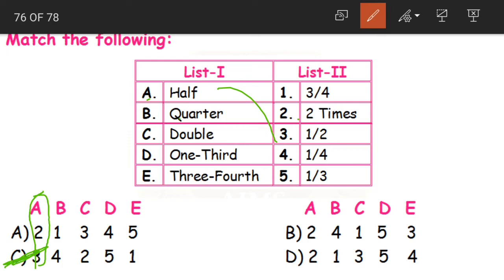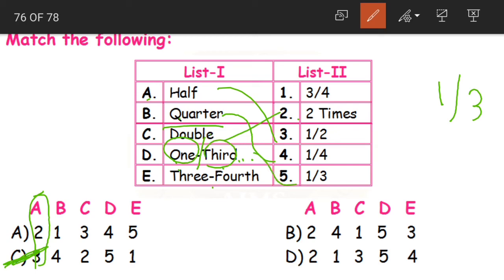Now let us look at the other options here. Quarter means 1/4, children. Okay, remember quarter means 1/4. Now double means how much? 2, yes, into 2, that means 2 times 1/3. When they say 1/3, 1 should be written and then divided by 3. 1 divided by 3 becomes 1/3.